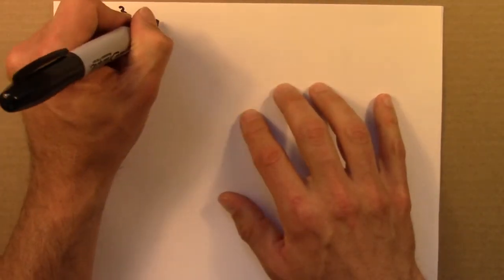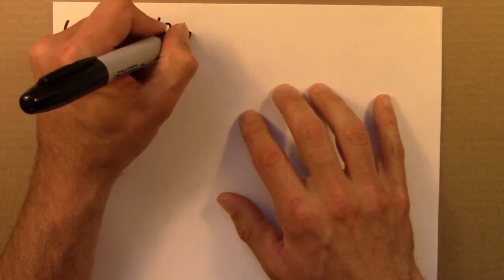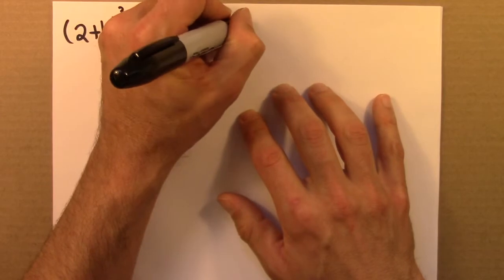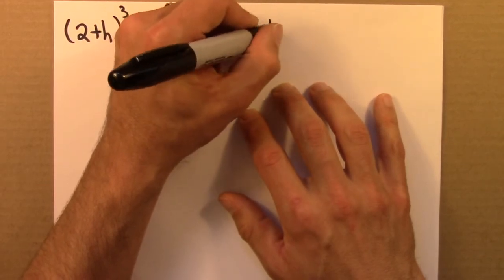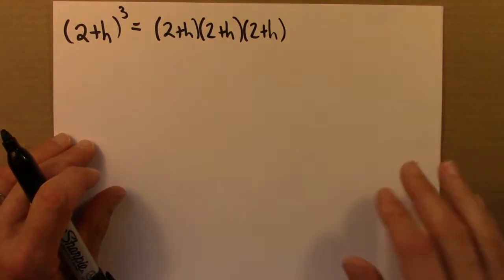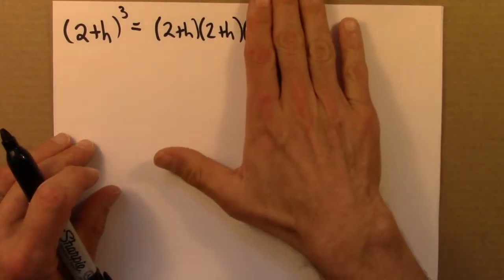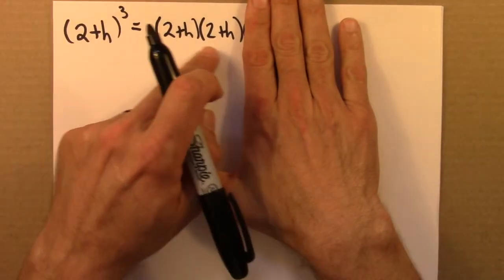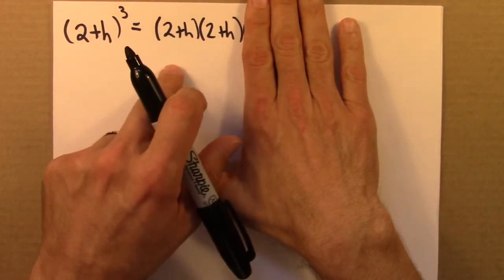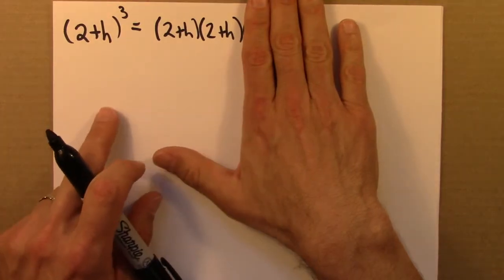So cubing a number means we multiply it by itself. And do it one more time. So we're going to have to multiply all of this out. So I'll start, doesn't matter, I'll start from the left and multiply these two together. And to do so, I'll have to distribute, or FOIL, first, outer, inner, last, as you might have learned it.